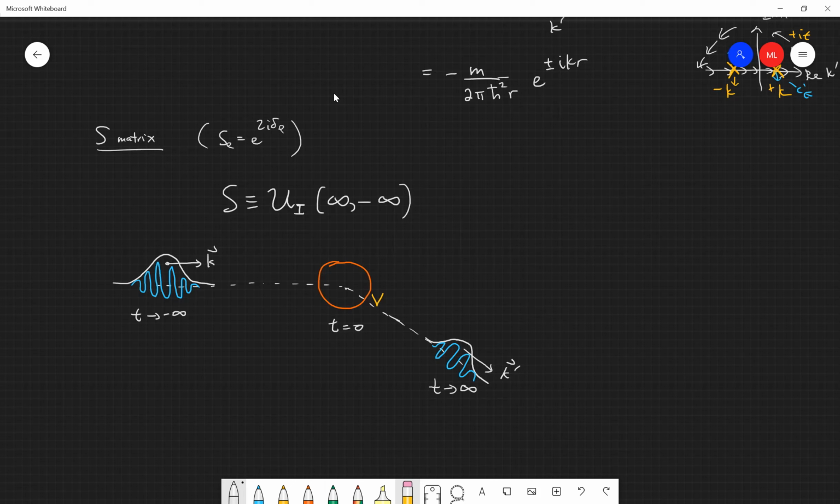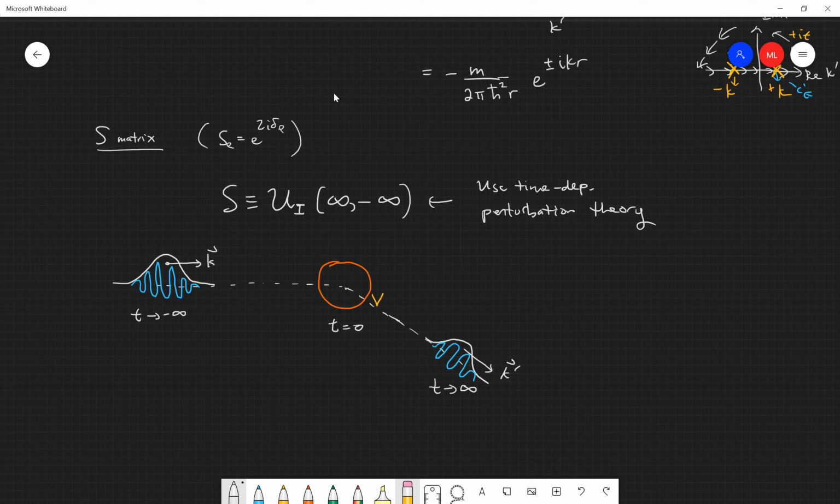So what you want to do is you can use time-dependent perturbation theory to understand this. And you just want to introduce the appropriate time-dependent perturbation.